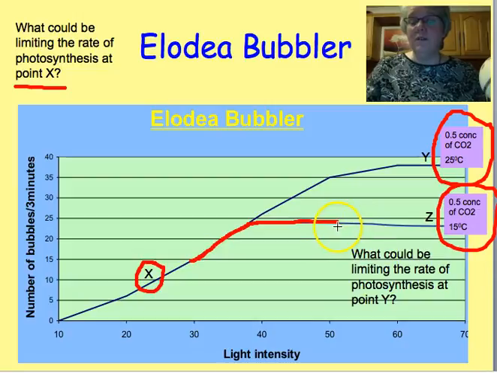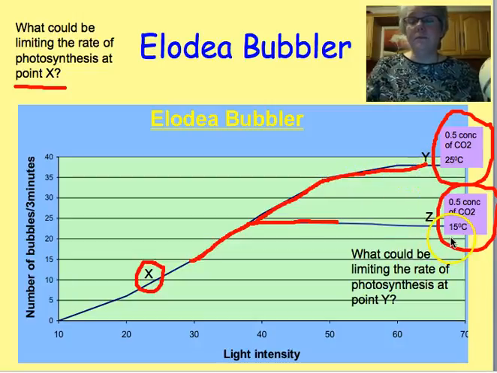And we're saying that at 15 degrees Celsius, temperature is limiting the rate of photosynthesis here, because if we give the plant a higher temperature, photosynthesis will still keep occurring. So we can say for certain that what is limiting the rate of photosynthesis is the temperature, because if we give it more heat, then we get more photosynthesis.